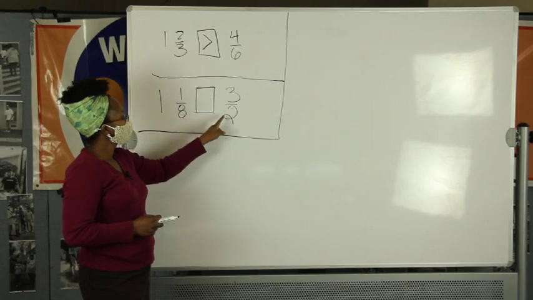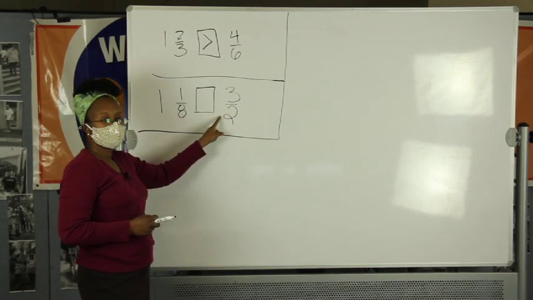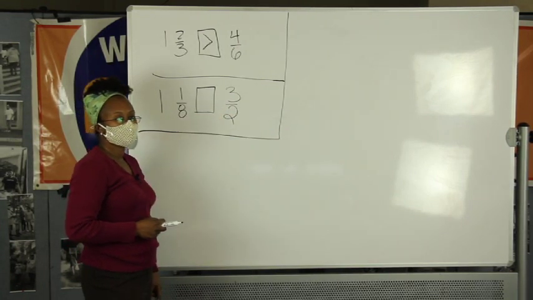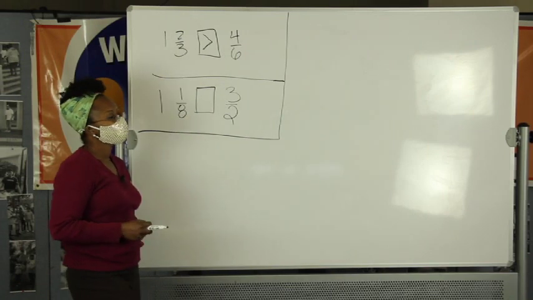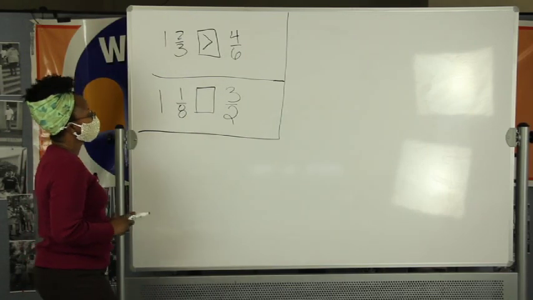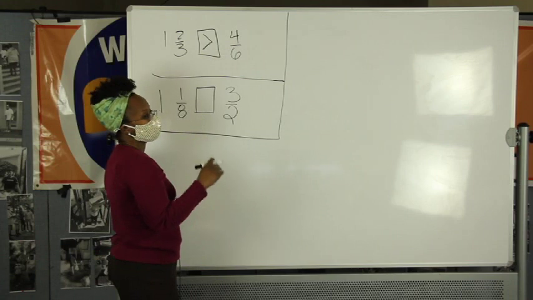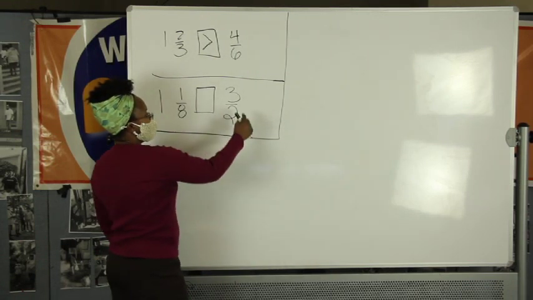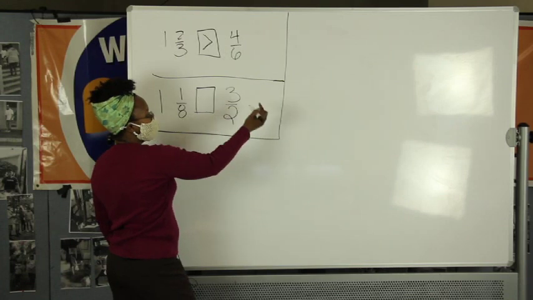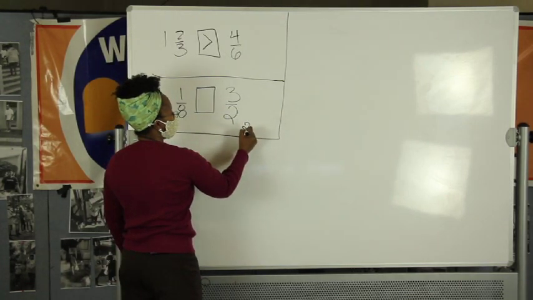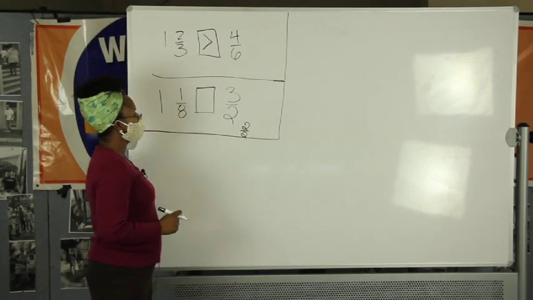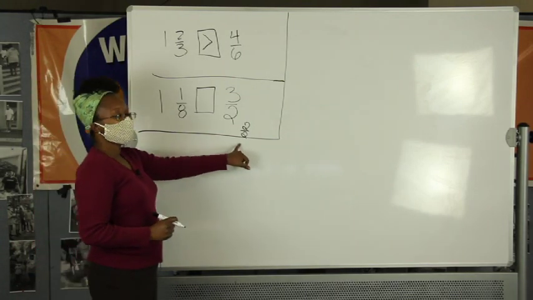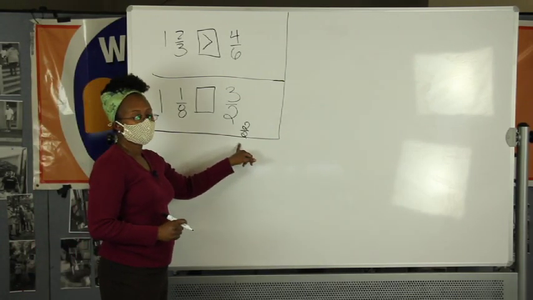The 3 is greater than the 2, so that means this number is greater than 1. So we can't do the same thing we did up here. So now you have to say, okay, what's the denominator? It's a 2. A whole would be 2/2. So we know that it's 1 and some kind of fraction.